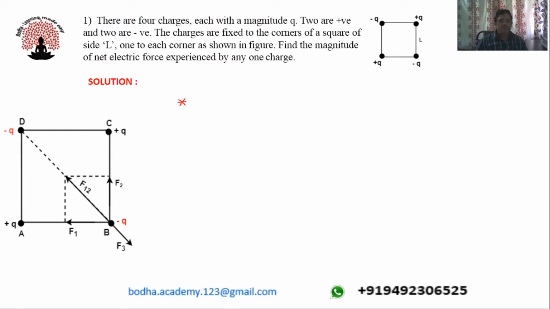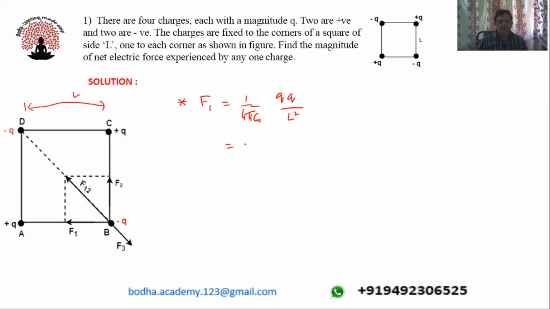First we will consider the force between the charge at B and the charge at A. Let me denote this force as F1, which is given by the inverse square law, 1 by 4 pi epsilon naught Q1 Q2 by distance square. Distance is nothing but the length of the square, so I'll call it L square.